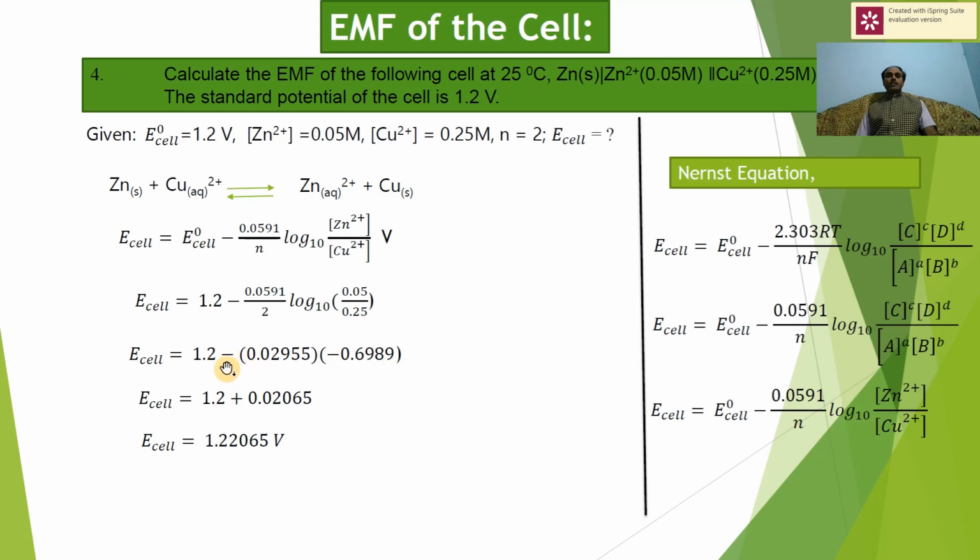Then you have to multiply this value and this value, that will give minus into minus gives plus. Therefore, multiplication of these two values gives you 0.02065. Then you can add these two, 1.2 plus 0.02065, that will give you 1.22065 volt. This is the answer for the problem.